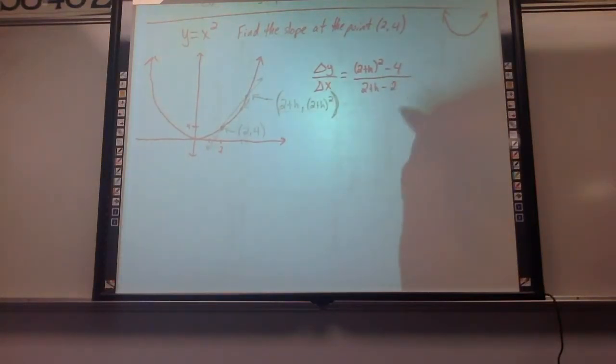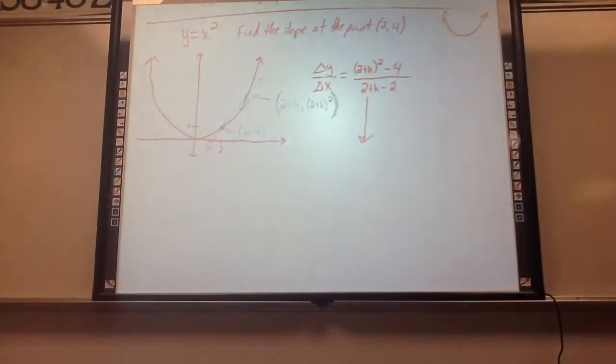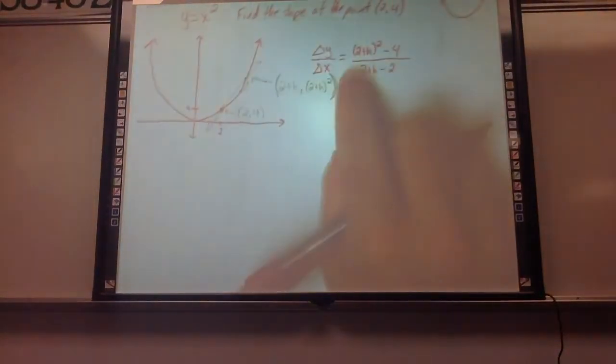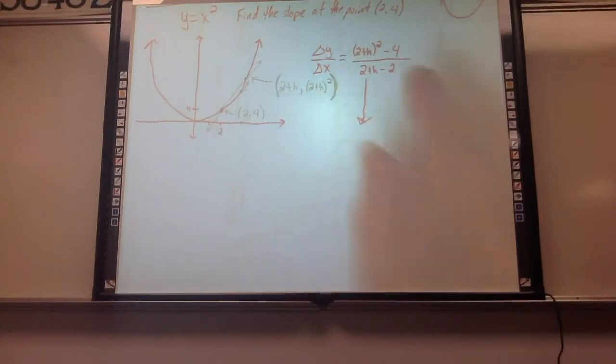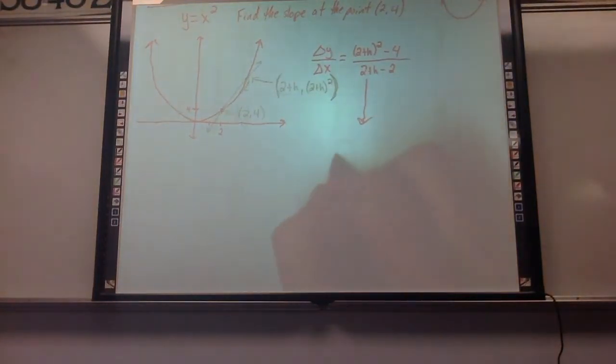Why is it minus? Slope is change in y over change in x, right? Change meaning difference. Okay, got it. So we're subtracting that. So let's clean this up now. Obviously 2 minus 2 on the bottom, those are going to go away. So I'll just have h on the bottom.